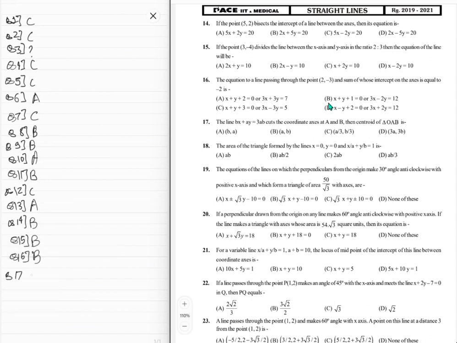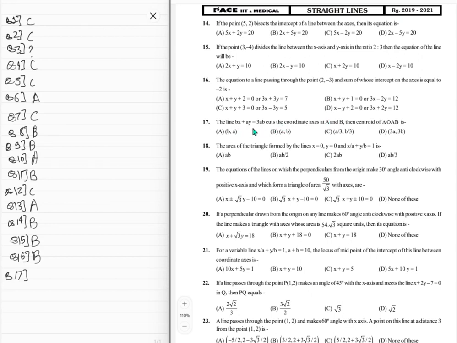Question number 17. This line cuts the coordinate axes at A and B, then centroid of triangle OAB. Right, so just find the midpoint of A and B, and then find... or maybe just do it directly. Find A and B and then do it.